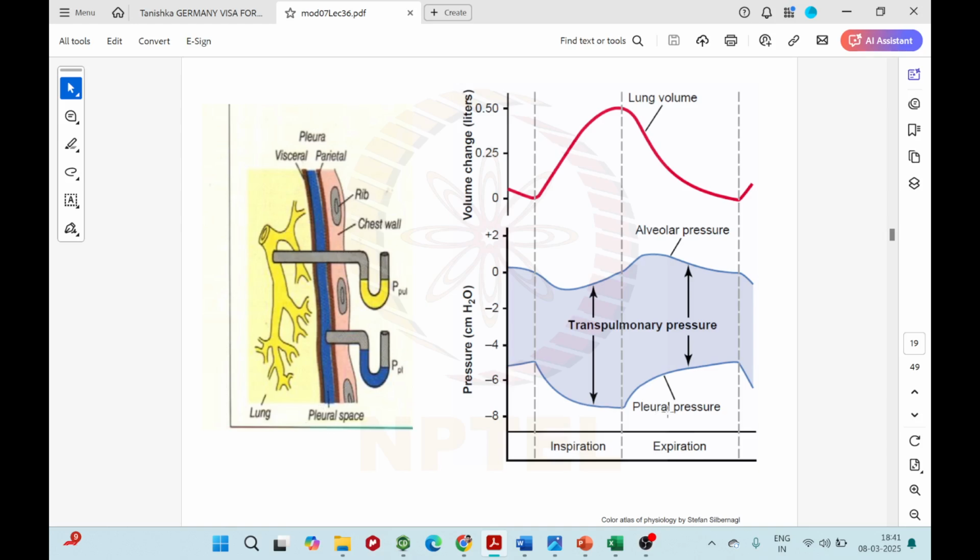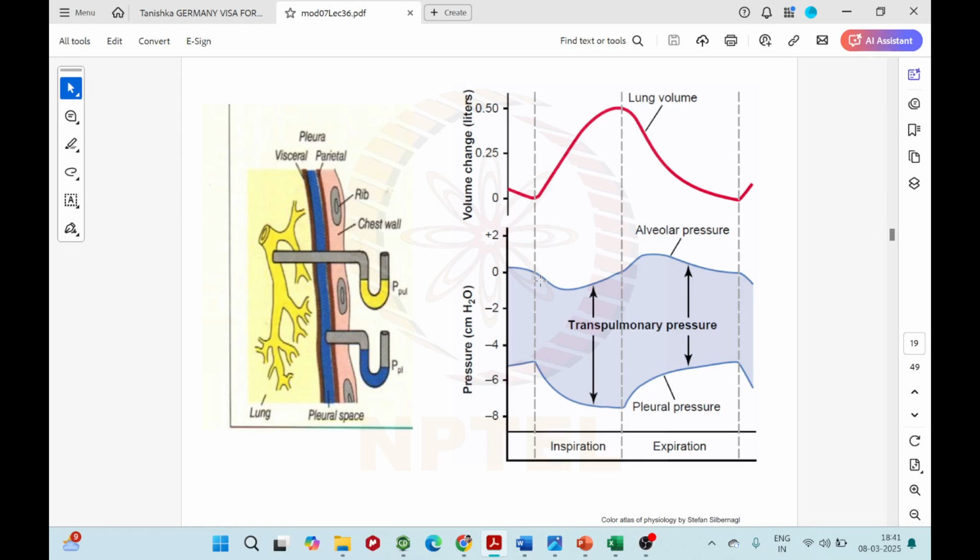So you have the pleural pressure and you have the alveolar pressure. This alveolar pressure initially is near 0, and then as the inspiration is happening, it has to create a negative pressure so that the air can travel from high pressure to low pressure, right.